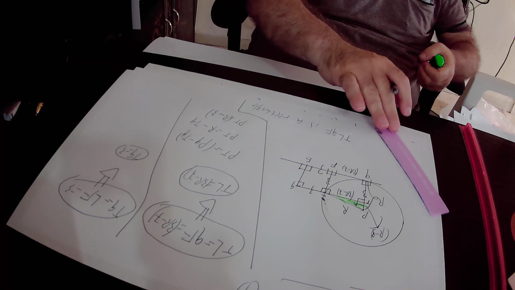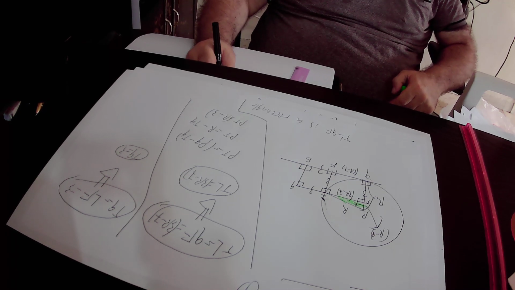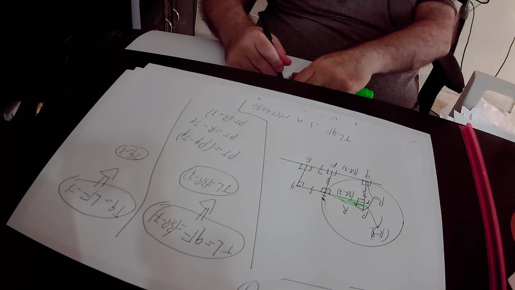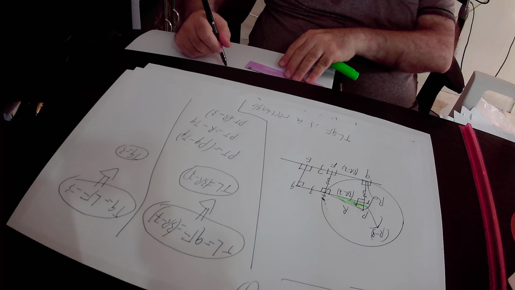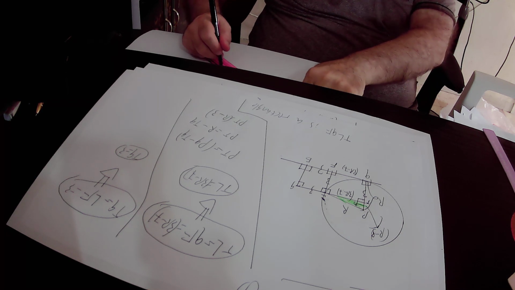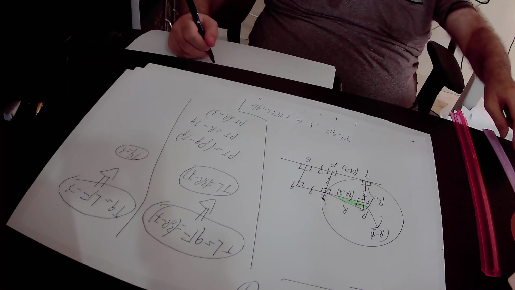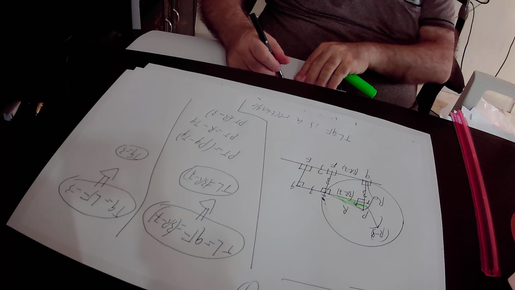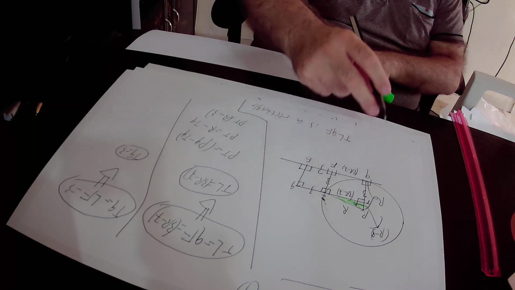So I'll copy triangle PTL in a new page. Side PT equals R minus 3.